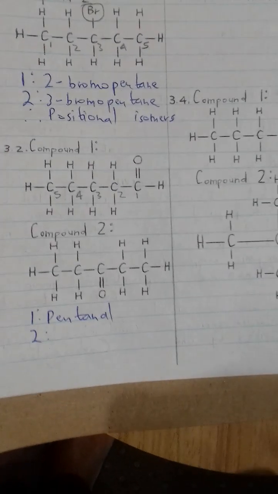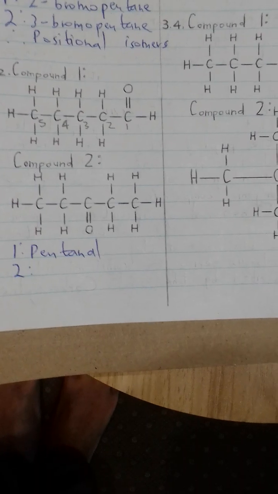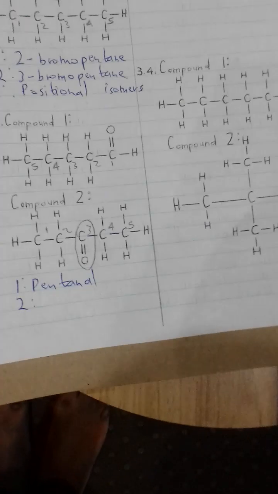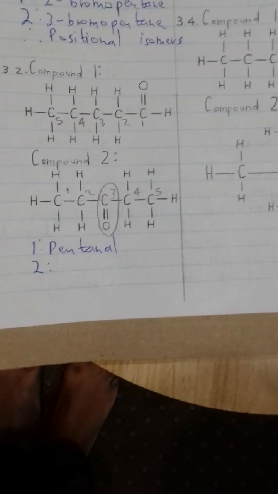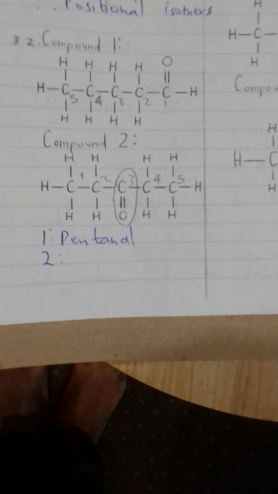Compound 2, the carbonyl group is in the middle, it's not at the beginning. So we see if we label from here 1, 2, 3, 1, 2, 3. So it's the same. So this is pent, 5, but the carbonyl group in the middle is a ketone.